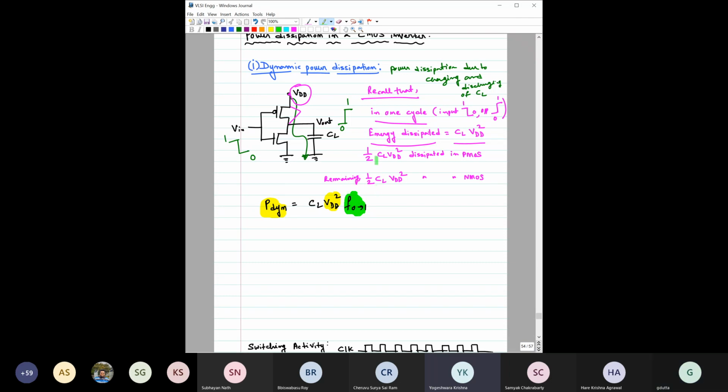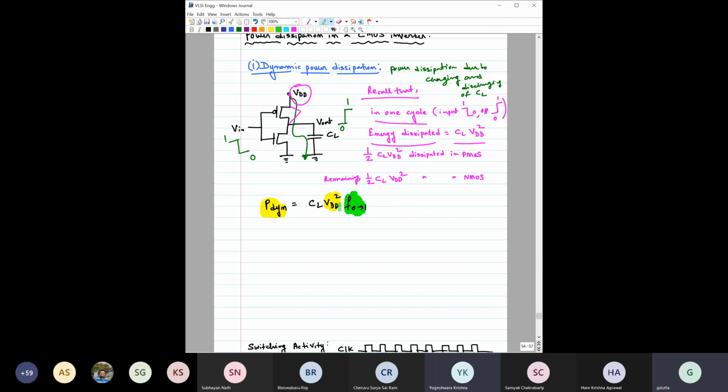At the same time, when you are scaling, reducing the device dimension, VDD is also falling. VDD falls with scaling, because you need to reduce VDD so that the device can withstand that voltage. So VDD falls, but frequency does not fall, if not increases.